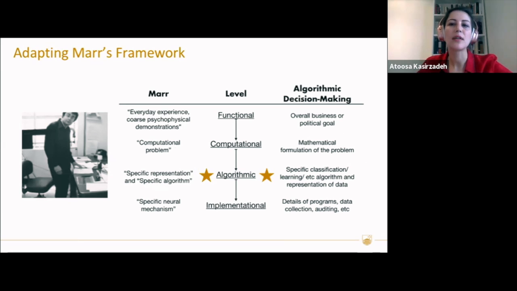And so these algorithms, of course, prescribe a sequence of steps and operations that must use time and other resources. So the algorithmic level of analysis with respect to these more Marrian natural information processing systems is concerned with specific representations, specific algorithms. When we come to the domain of algorithmic decision-making, this automated decision-making also faces a variety of different kinds of algorithmic choices.